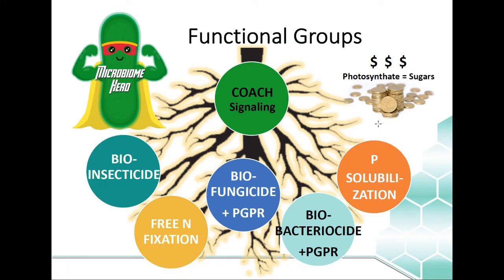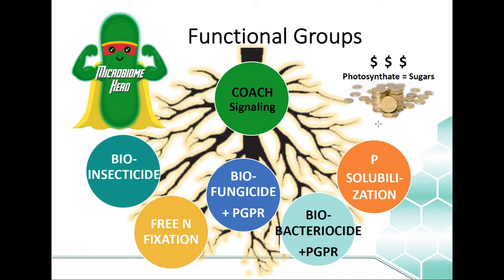So let's look at the different functions as I discussed. All the microbes in the rhizosphere perform a specific function. So the functional groups that we've been able to identify in the rhizosphere is obviously first the endophyte, that is very central to signaling between the plant and the rhizosphere microbes. Then you get the bioinsecticidal group in the rhizosphere, keeping out insects. Then you have the free-living nitrogen fixation group, involved in binding nitrogen from the atmosphere, but also involved in the nitrogen use efficiency of the plant.